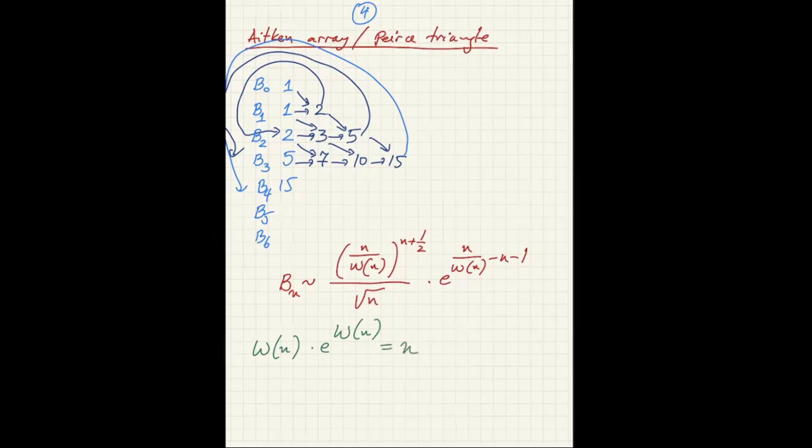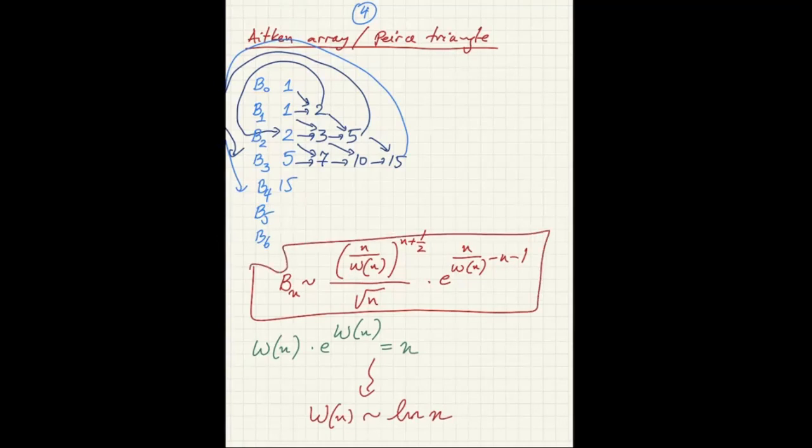So from here, Wn, you can think of it as being something like the natural logarithm of n. So if you unpack this complicated formula, the Bell number has an exponential growth. It grows very fast. Okay.